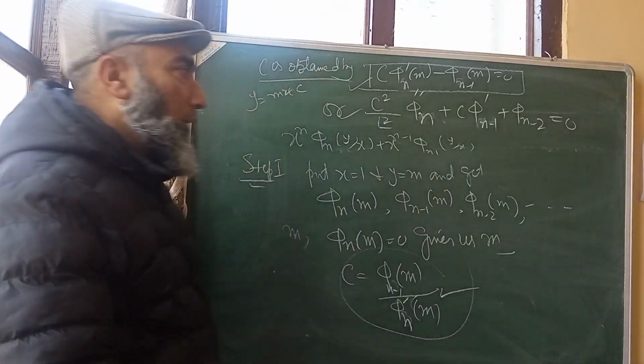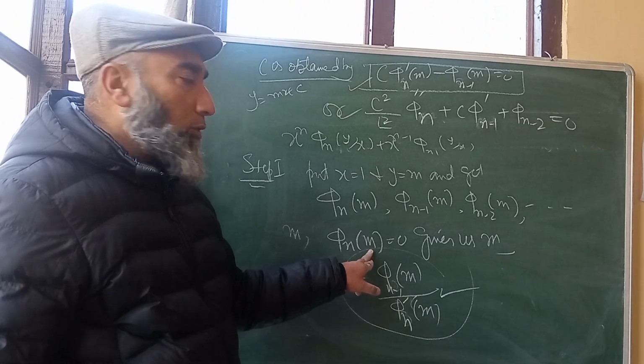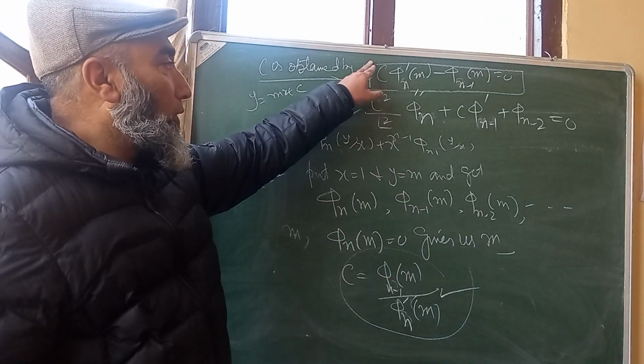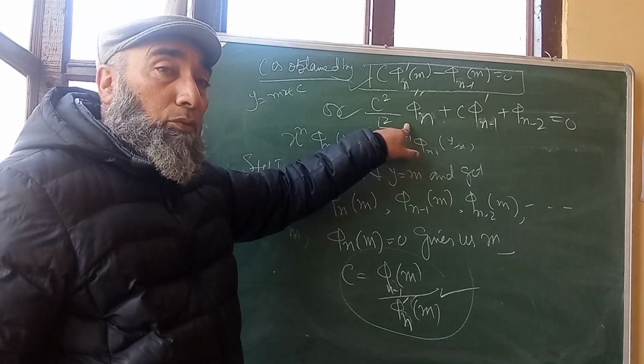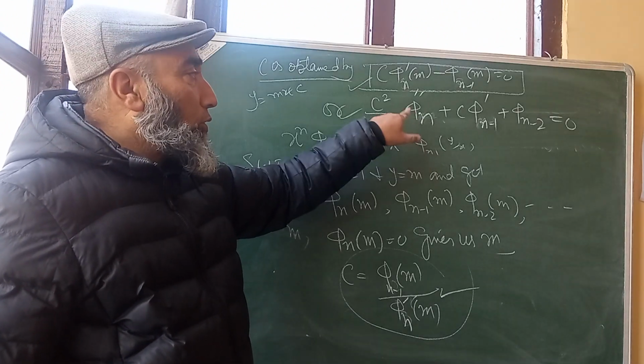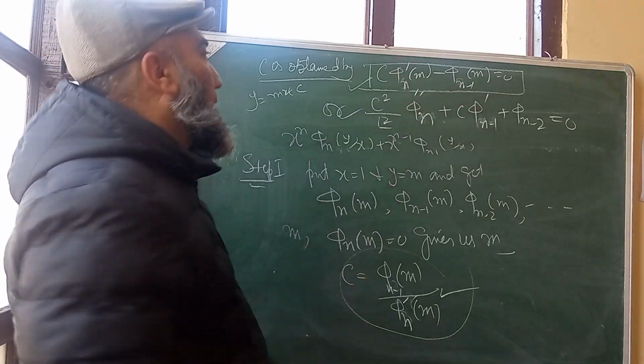So I will be using only these. To get the value of m, I have to put phi n m equal to 0, and the value of c can be obtained from this or from this. This is usually used when you have repeated roots. If you have repeated roots, use this. If you have non-repeated roots, use this.